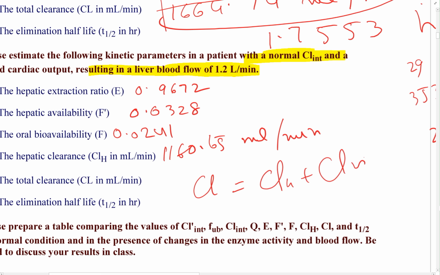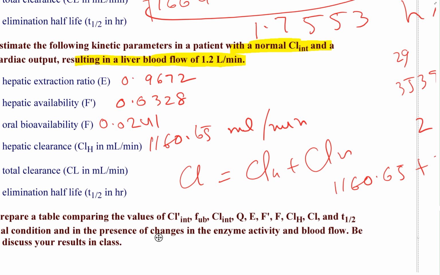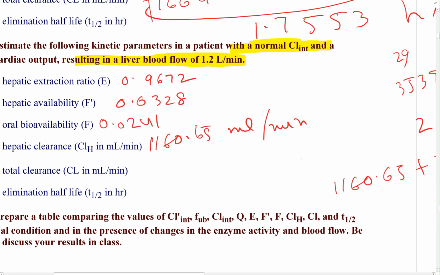We did not see any change in the CLR, renal clearance. So here you put 1160.65 plus CLR, which is 33, and this is going to give you total clearance. Total clearance would be 1193.65 milliliter per minute.